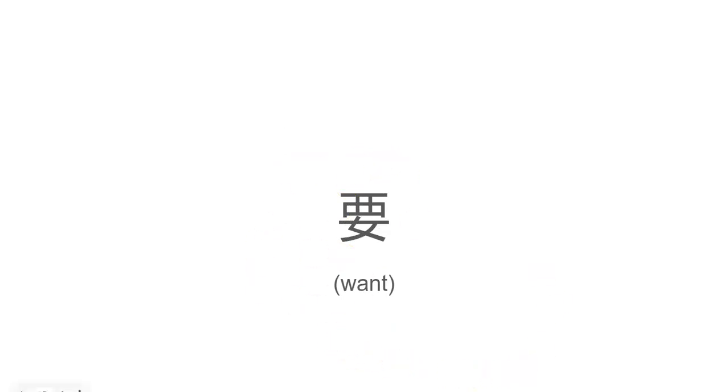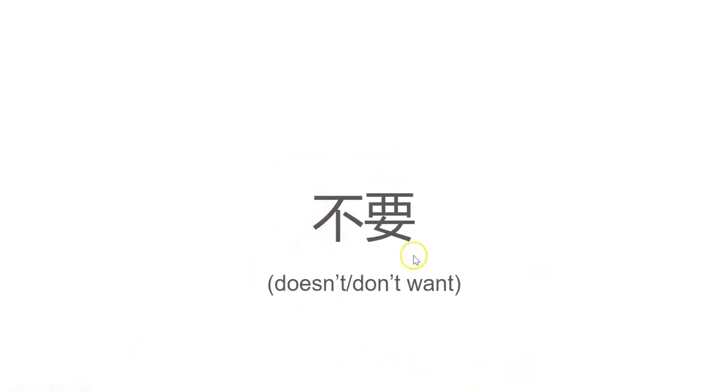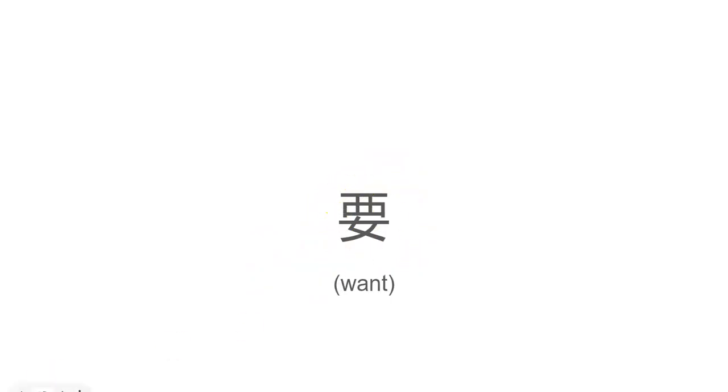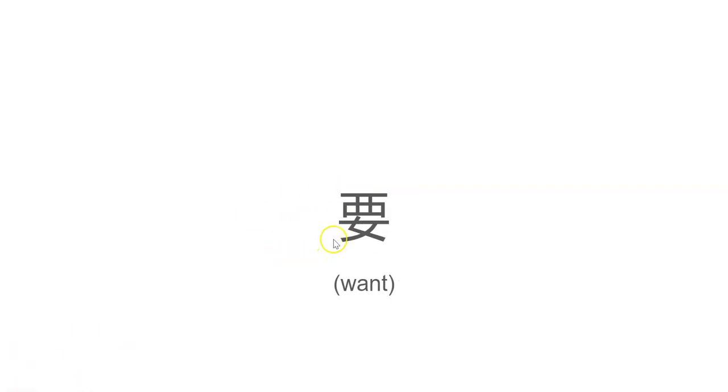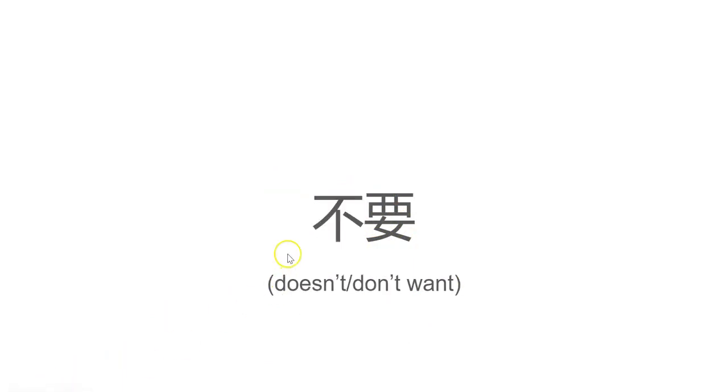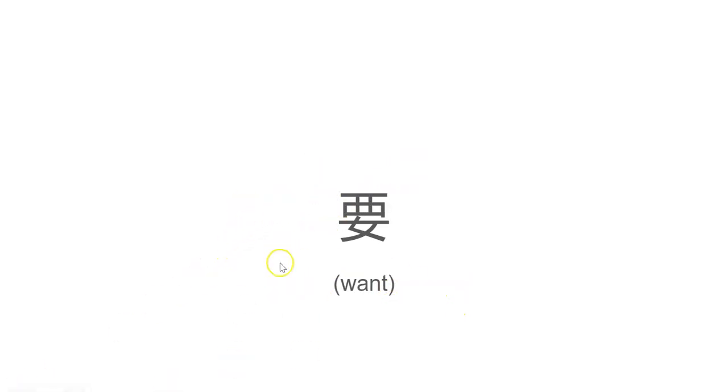And this one, 要, 不要. So now, how to say I want? 我要. Then how to say I don't want? 我不要. Then how to say you want? 你要.